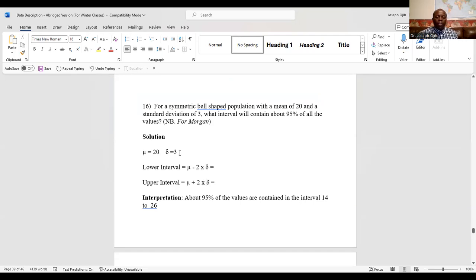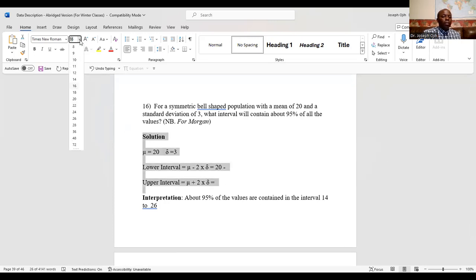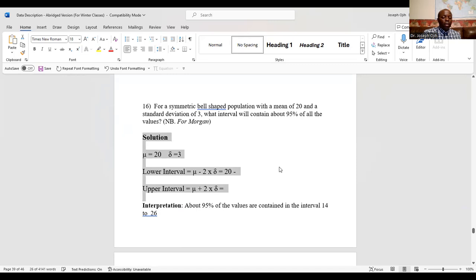So let's do it. We have a mean of 20 and a standard deviation of 3. On the left side, the lower interval, we have the mean of 20 minus 2 times the standard deviation of 3.